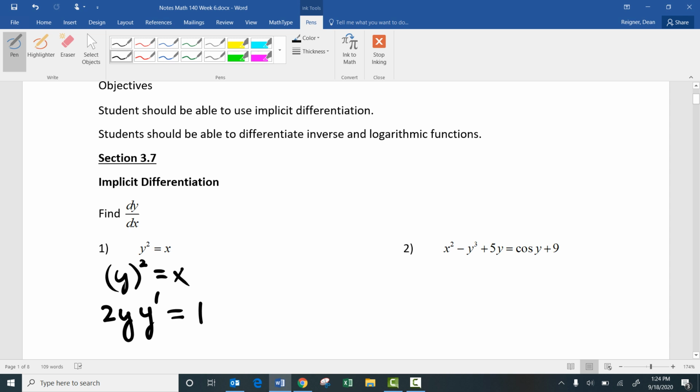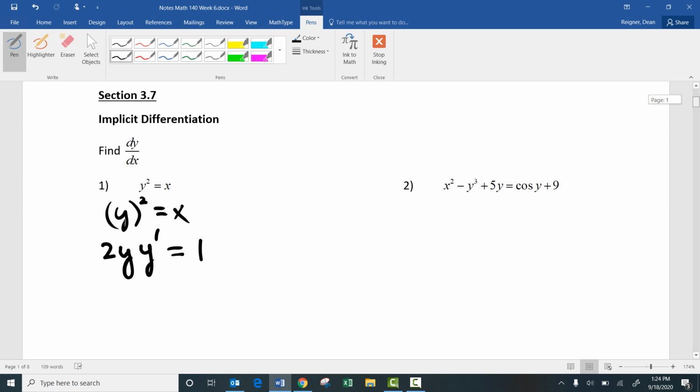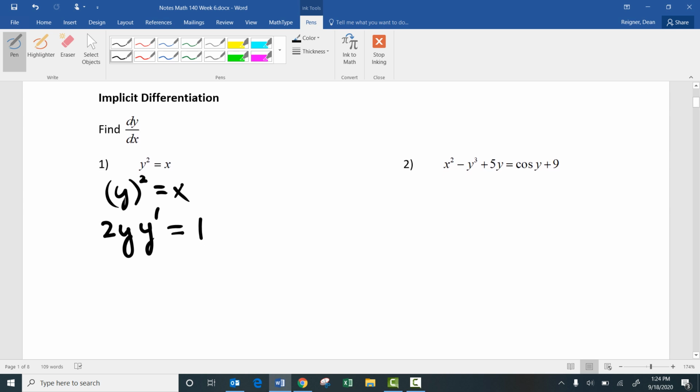What you can do also, if you want, instead of y prime, is 2 times 1 is 2, y goes to the first power, and then the derivative of y is dy dx. It means the same thing. And then the derivative of x is 1.